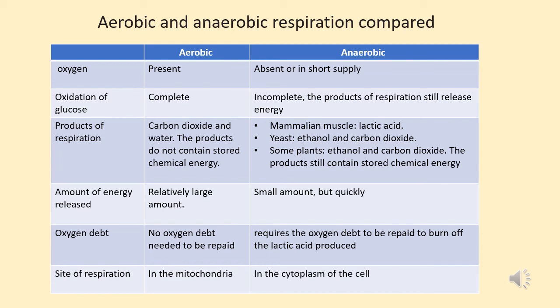The anaerobic breakdown of glucose transfers less energy than aerobic respiration. Point 4. After exercise, oxygen is still needed to break down the lactic acid that has built up. The amount of oxygen needed is known as the oxygen debt. And finally, anaerobic respiration in plant cells and some microorganisms, such as yeast, results in the production of ethanol and carbon dioxide and can be useful in many processes.